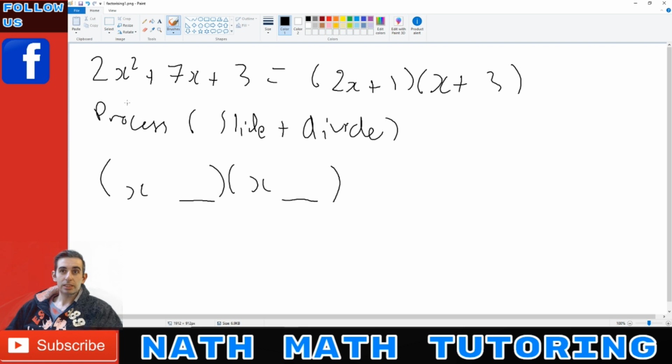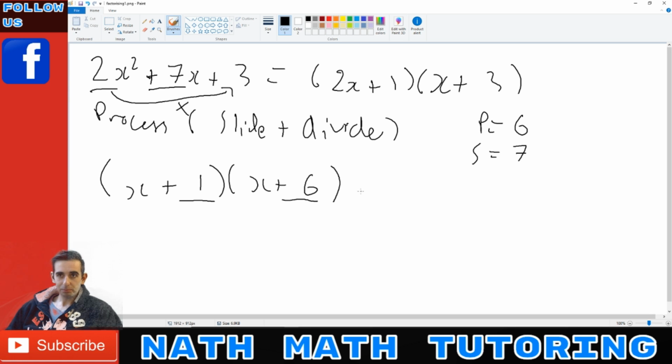We want to slide this 2 and times it with that 3. So we have a product of 6 and a sum of 7, the number in front of the x, including that plus. So it asks us, what two numbers multiply to 6 but add to 7? And that's obviously plus 1 and plus 6.